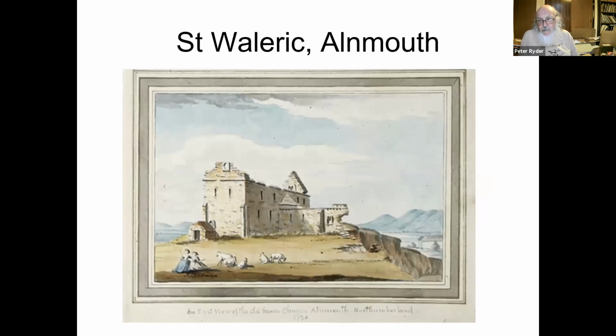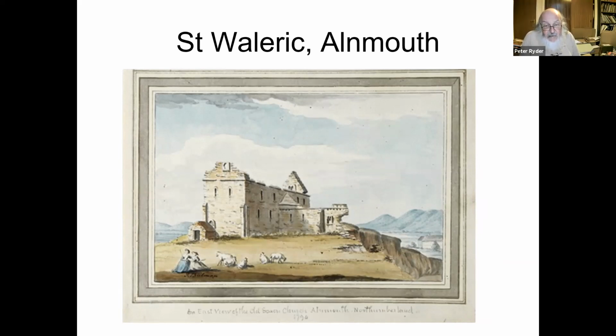Lost churches. Just 3 examples of what we have lost in Northumberland. Well, I know that hilltop at Alnmouth, on the south side of the River Aln.